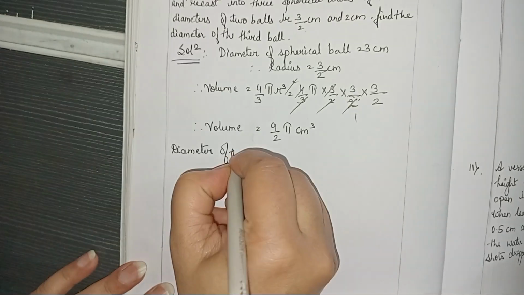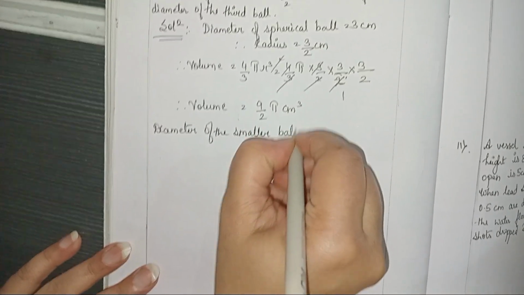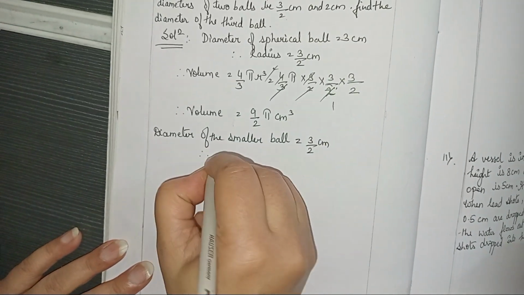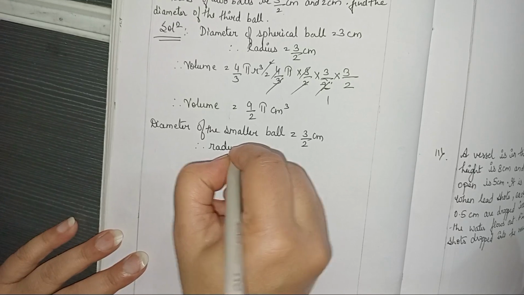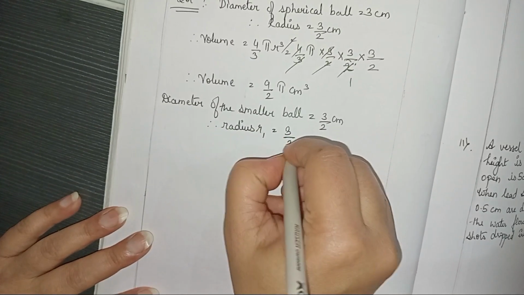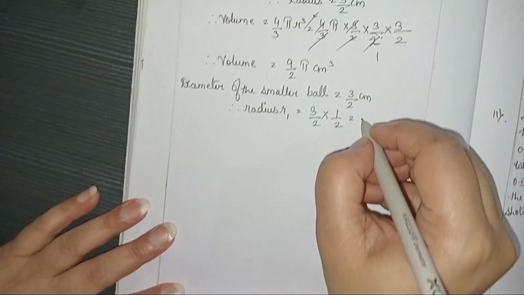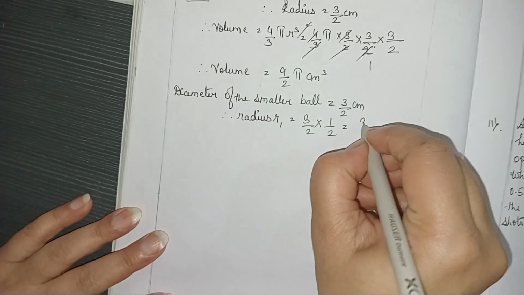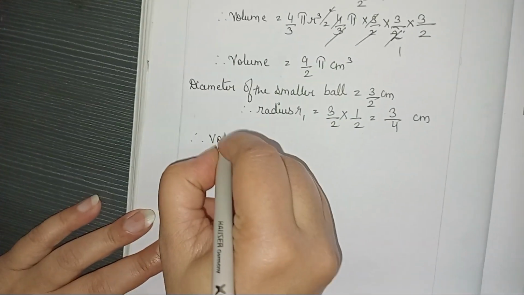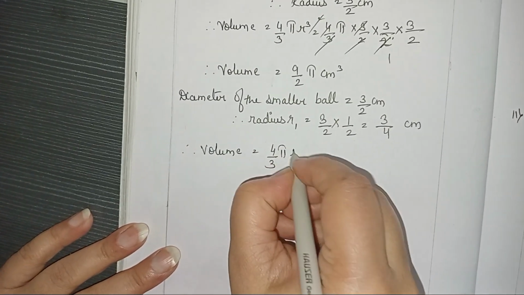Diameter of the smaller ball is given as 3/2 centimeters. Therefore, radius r1 is equal to 3/2 into 1/2. As we know, the radius is half of the diameter, right? This will give you 3/4 centimeters. Therefore, volume will be 4/3 pi r1 cube.